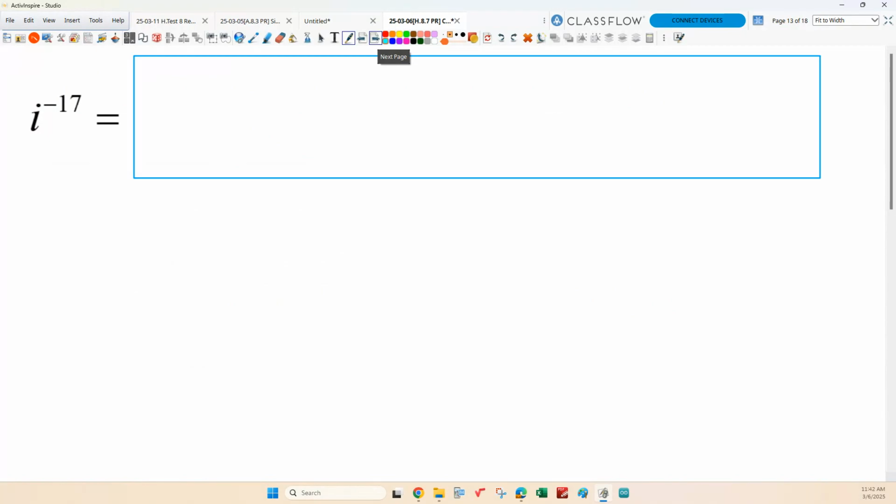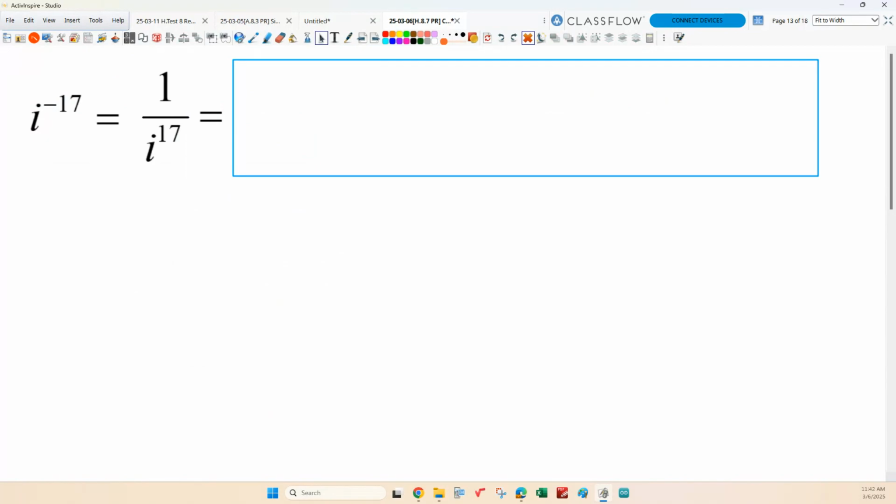So what's i to the negative 17? How would I deal with that one? Yeah, a negative exponent just puts it on the bottom, right? So I can just make this 1 over i to the 17, and i to the 17 you guys can deal with. See if you can do that one in your head.